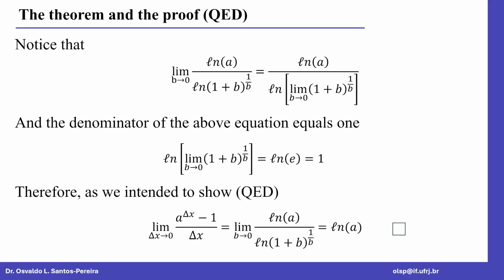As shown, the denominator of the above equation equals 1. This is because the natural logarithm of the limit, as b tends to 0, of the quantity 1 plus b raised to the power of 1 over b is equivalent to the natural logarithm of e, which then equals unity. Therefore, as we intended to show, we arrive at our final result, concluding the proof of the theorem.